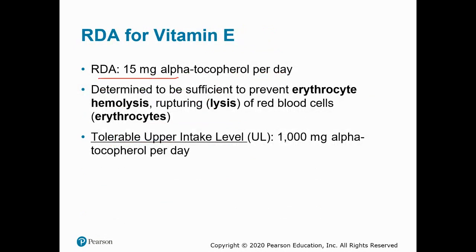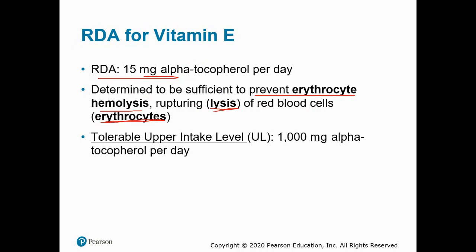Again, the RDA for vitamin E is 15 milligrams of alpha tocopherol or alpha tocopherol equivalents. This amount is based on enough vitamin E that would prevent erythrocyte hemolysis, which is the rupturing, or breaking apart, of red blood cells. You may not know the word erythrocyte unless you've taken anatomy and physiology, but that's the technical term for a red blood cell.